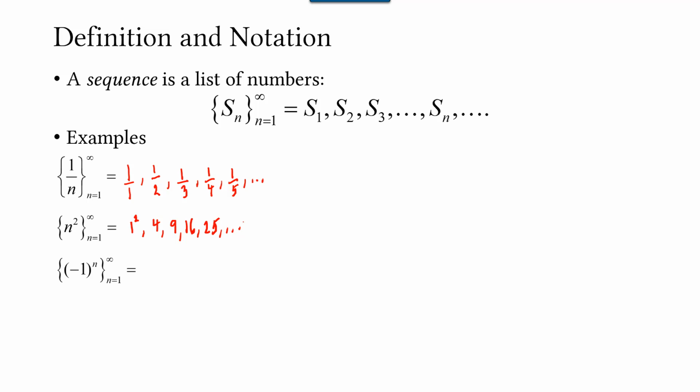This next sequence is one that's often used to generate signs changing from positive to negative. So this will come up a lot in the work that follows.